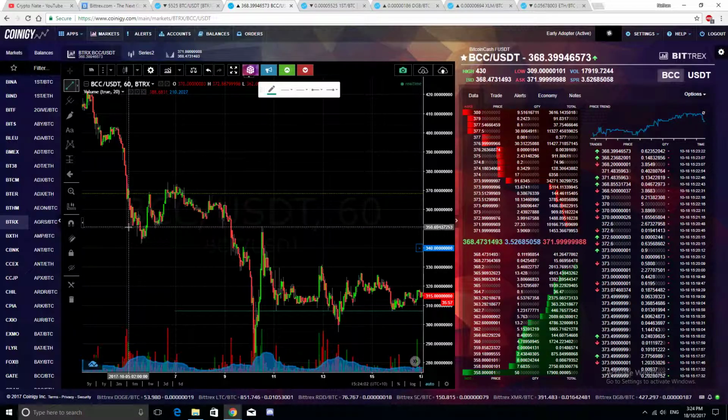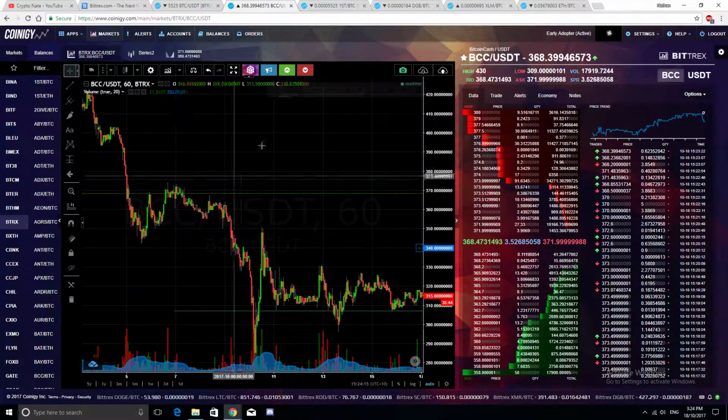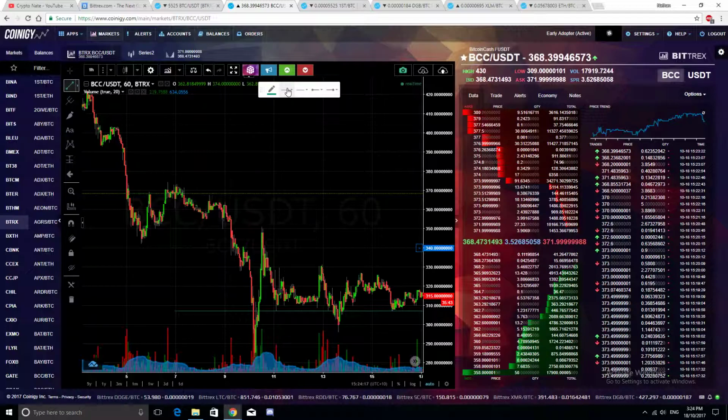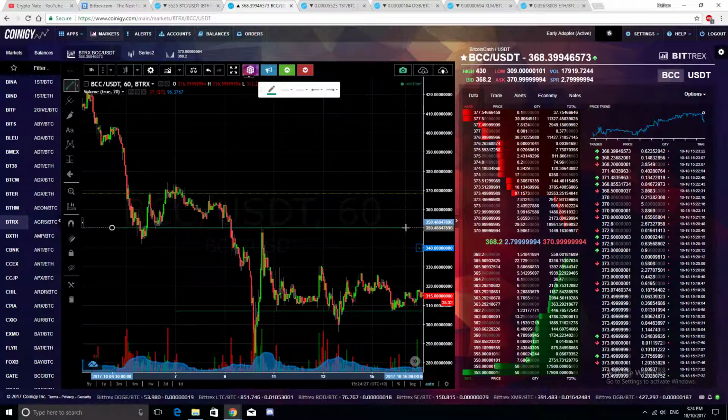what was resistance. Here I can draw a nice support base. If we extend this out, let me change my drawing. What's going on here?